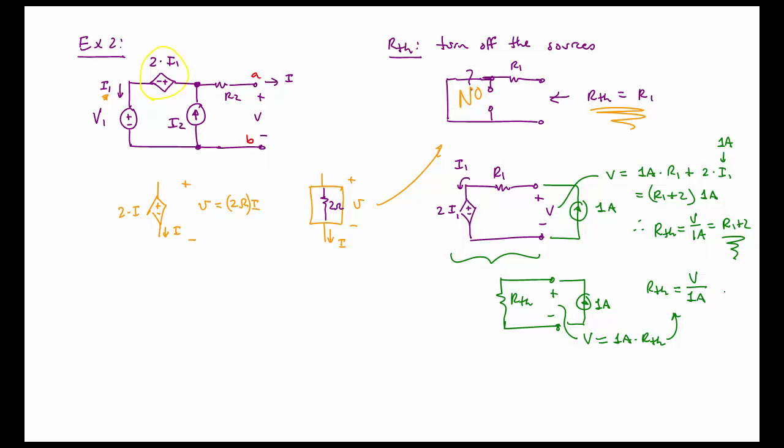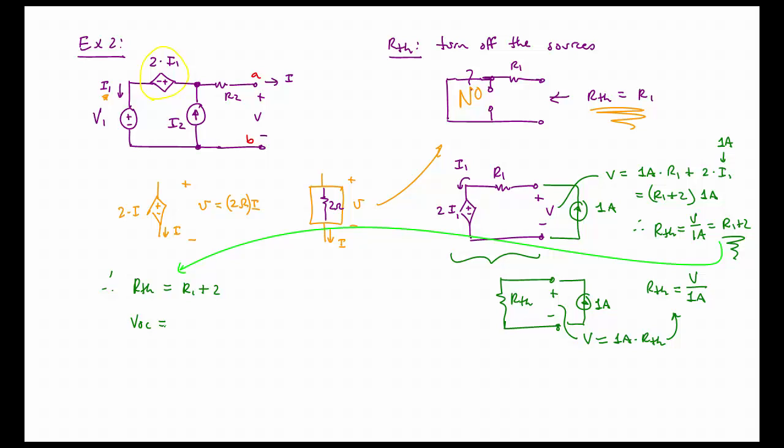We know that's what it had to be because we discovered that in this case this dependent source was actually equivalent to a 2 ohm resistor. So therefore, R Thevenin is equal to R1 plus 2, and we find our V open circuit again as we found before.